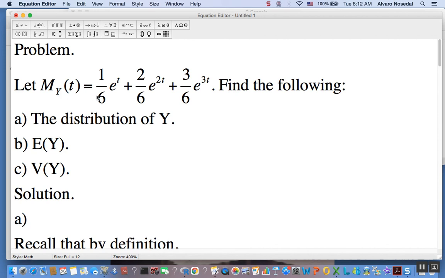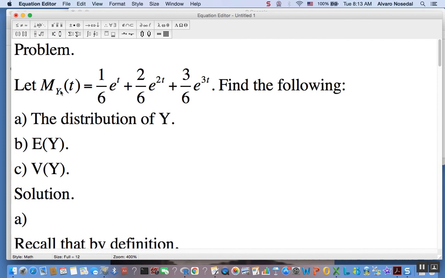If it's a famous formula like the one for Poisson or for a geometric or a binomial, we know that by the uniqueness of MGFs, if the MGF of y looks like the MGF of a binomial, then the distribution of y must be binomial, and then all we have to do is figure out from the expression what are the parameters of that particular random variable. Okay, so that's one possibility.